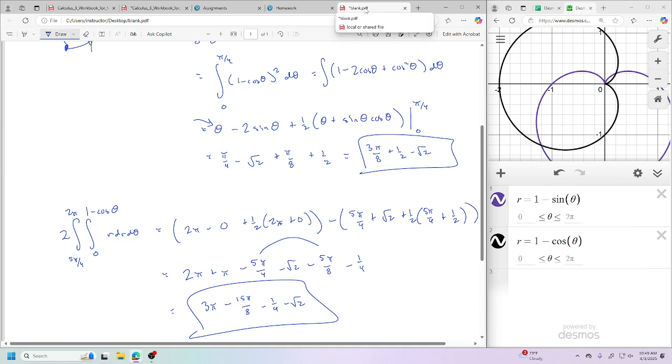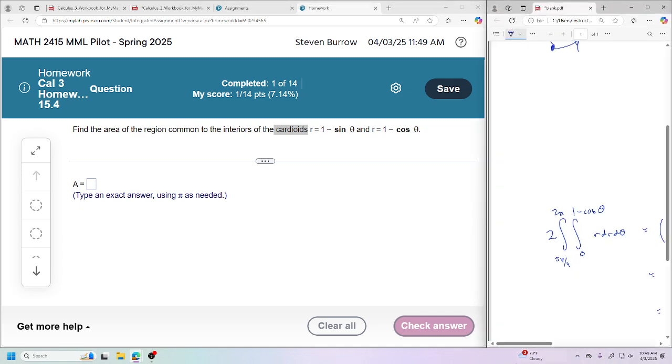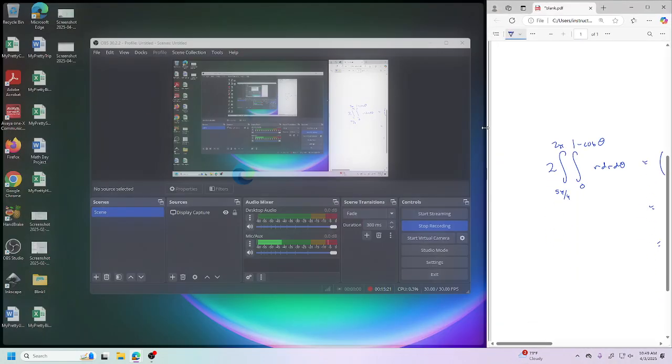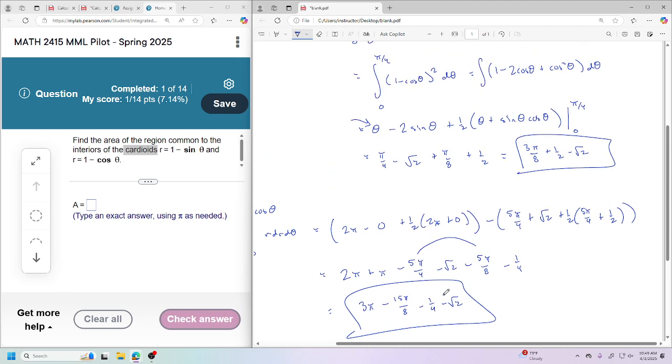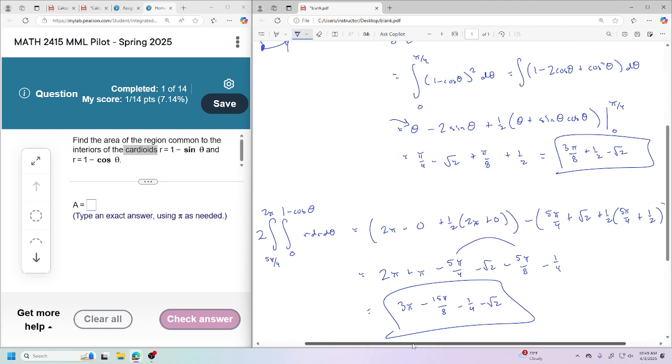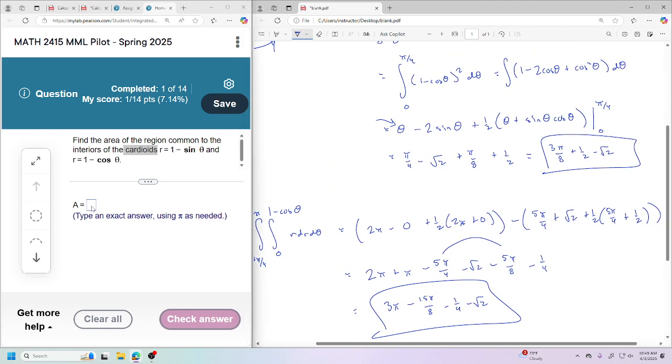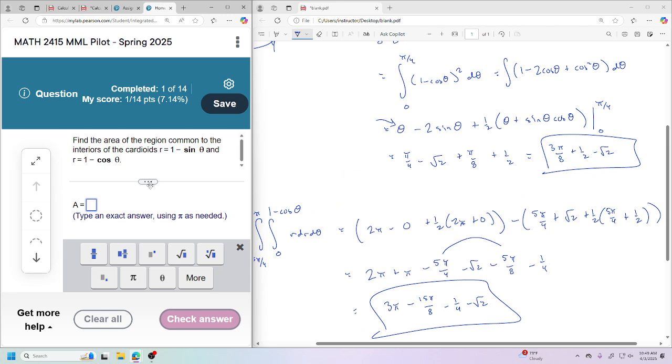I don't know why you're writing it down. It's probably wrong. Let me zoom out and let me do this. Okay, here we go. So I'm adding these together. There's no way this will work. This is just insane.